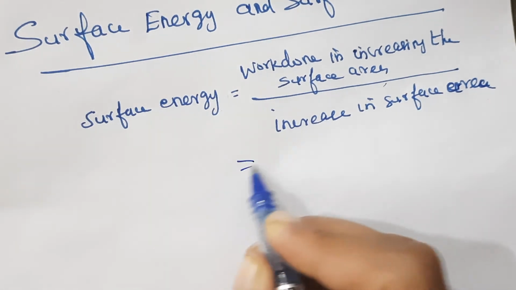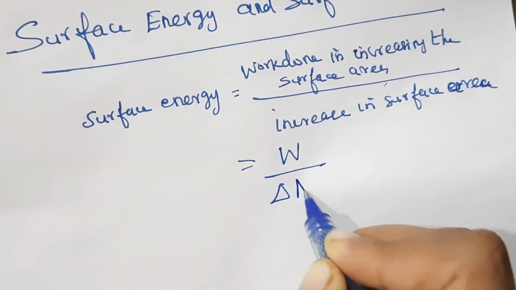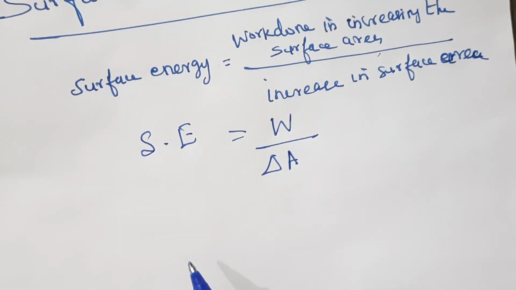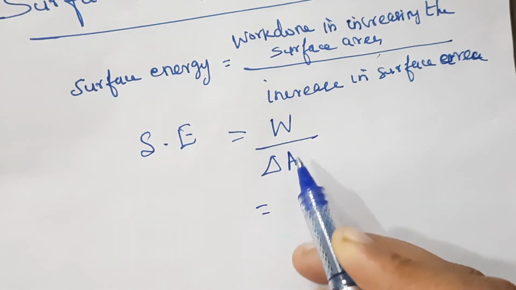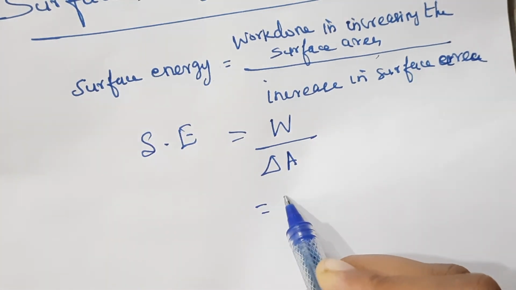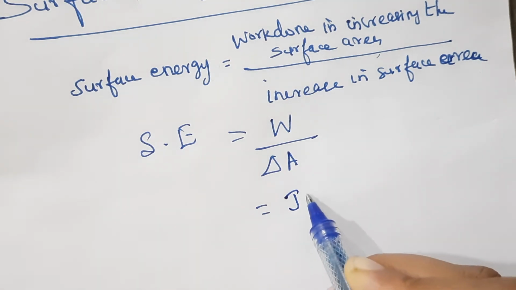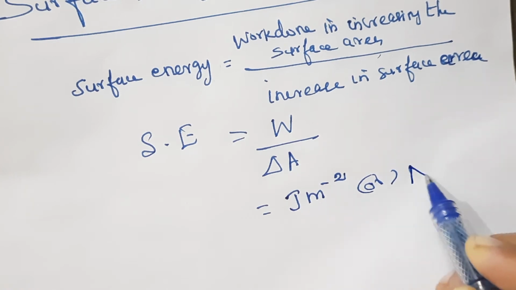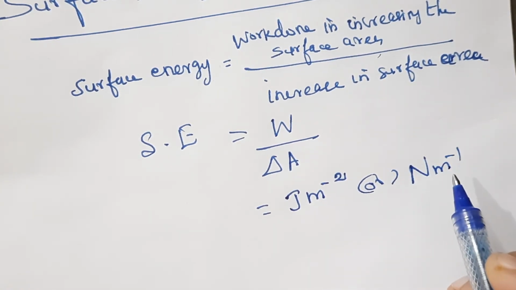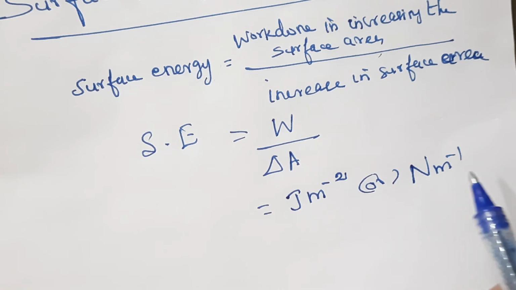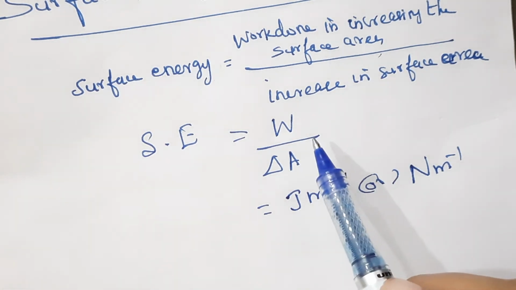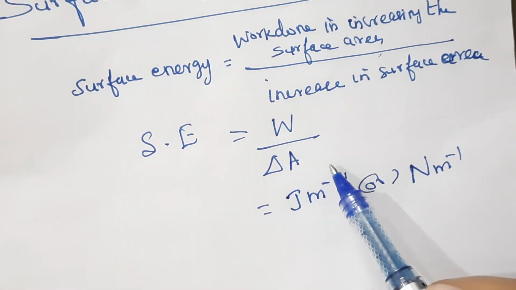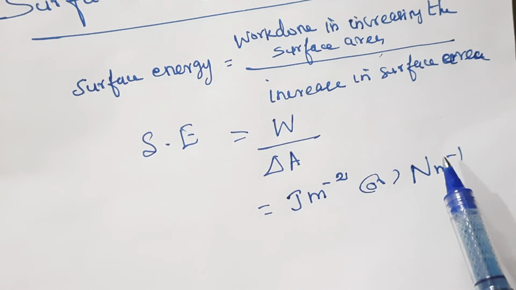It is denoted by W, the work done, divided by the increase in surface area, delta A. This is known as surface energy. The unit of work done is joule and of area is meter squared, so the unit is joule per meter squared, J m^-2. Or else we can write it as newton meter, N m, divided by meter squared, so one meter cancels, giving newton per meter, N m^-1.